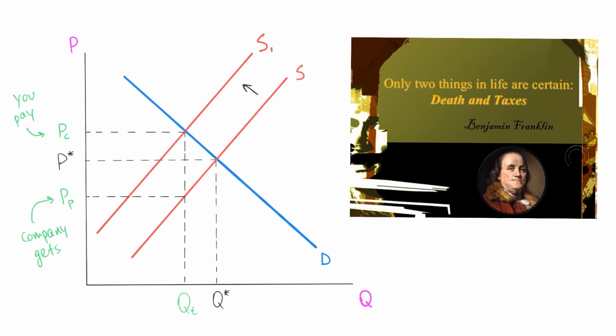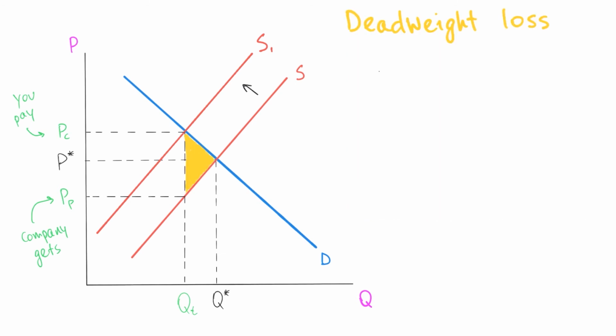Indices here meaning consumer and producer respectively. The triangle bounded by QT, the demand curve, and the initial supply curve is called the deadweight loss, and it's a measure of lost economic efficiency. It's production loss due to non-optimal conditions. It pretty much says how many dollars worth of stuff was lost in the economy.